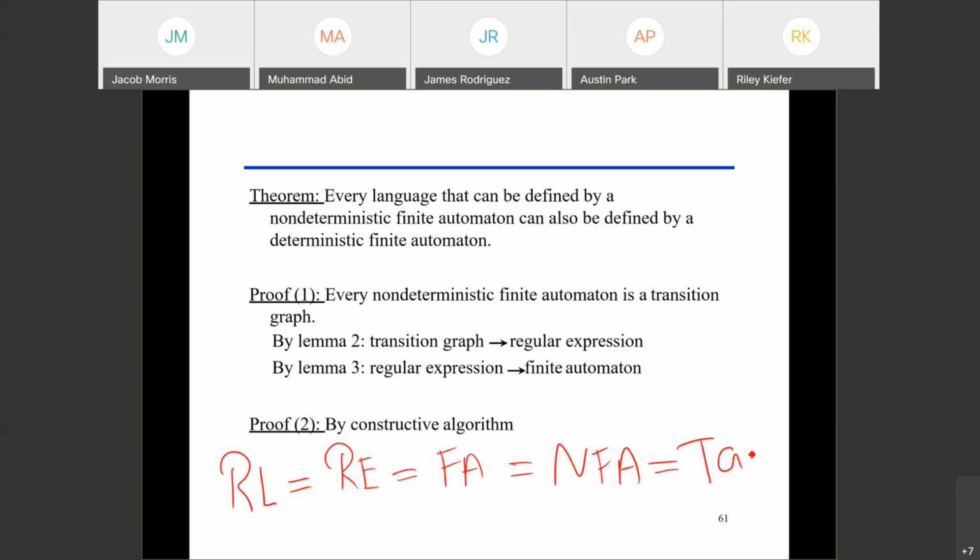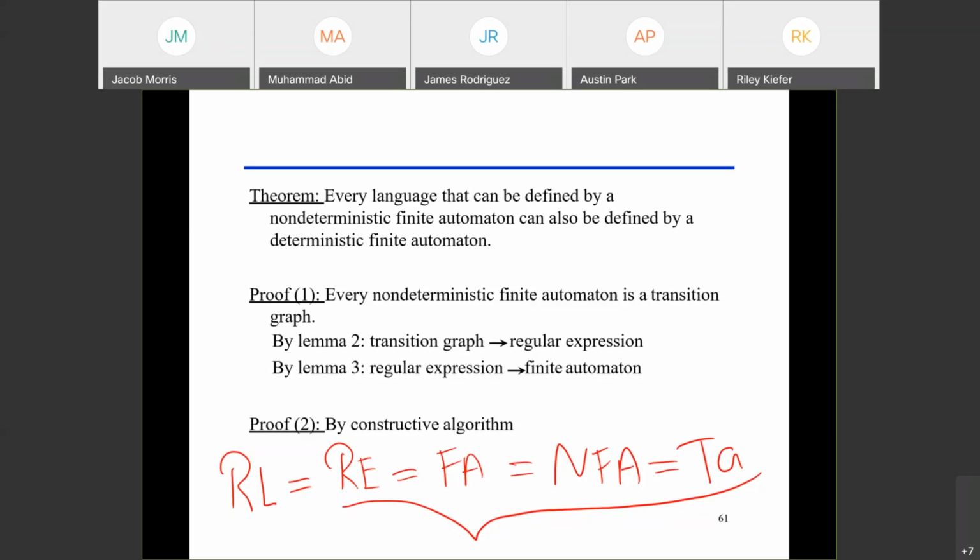It is not possible that we claim this is a regular language and it is missing any one of these. It may have more than one regular expression, more than one FA, more than one NFA, more than one TG, but it is not possible that it is missing any one of these. It must have at least one of each of these things, if it is a regular language.